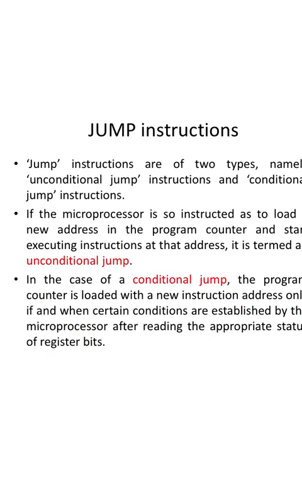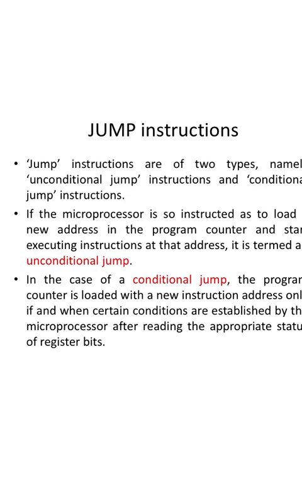Coming to the jump instruction. Jump instructions are of two types, namely unconditional jump instruction and conditional jump instruction. If the microprocessor is instructed to load a new address in the program counter and start executing instructions at that address, it is termed an unconditional jump.